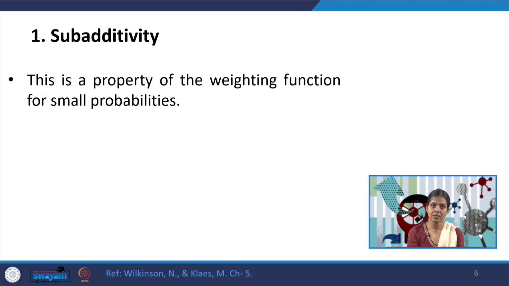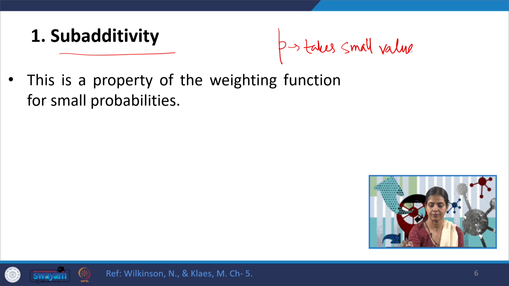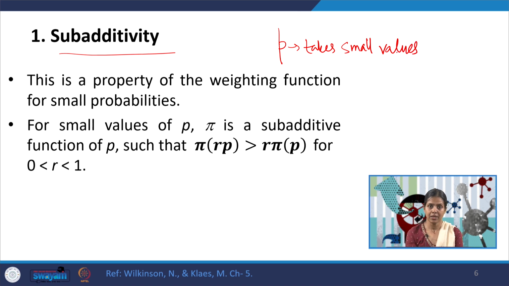We begin with the discussion on sub-additivity. This is a property of the weighting function for small probabilities. So, this property is valid only when p takes very small values. For small values of p, pi is a sub-additive function of p such that pi(rp) is greater than r pi(p) for any value of r which is between 0 and 1.